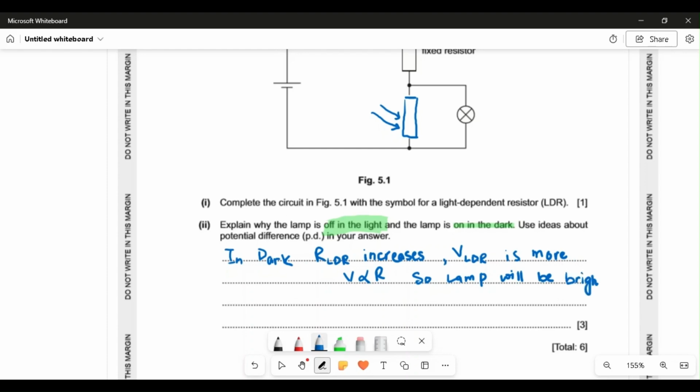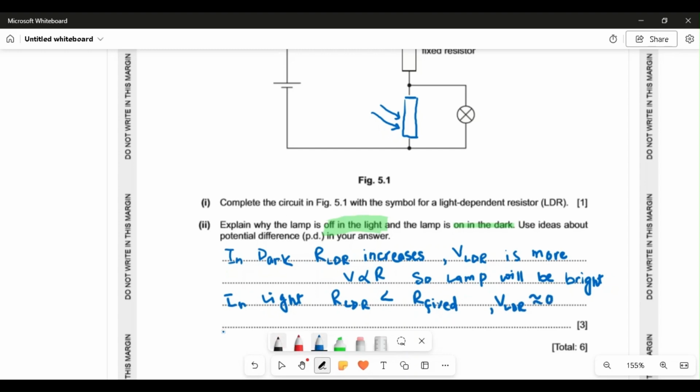But in the other case, in light, the resistance of the LDR becomes less than the resistance of the fixed resistor. So the potential difference across the LDR is approximately 0.